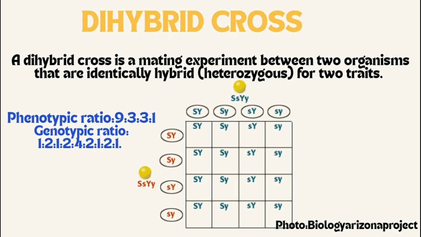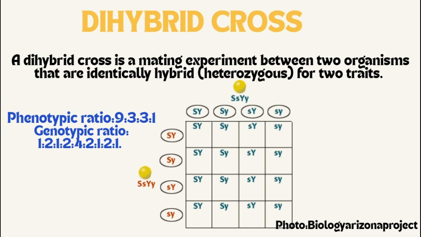Now the dihybrid cross, which is a little bit more complex, right? So in a dihybrid cross, you're going to be crossing two individuals which code for two different traits. So instead of drawing up that 2 by 2 little Punnett square, you're going to end up with a 4 by 4, right?